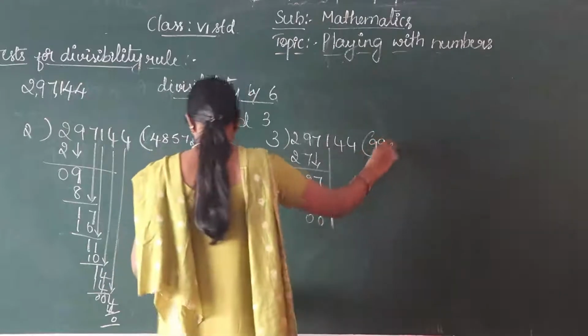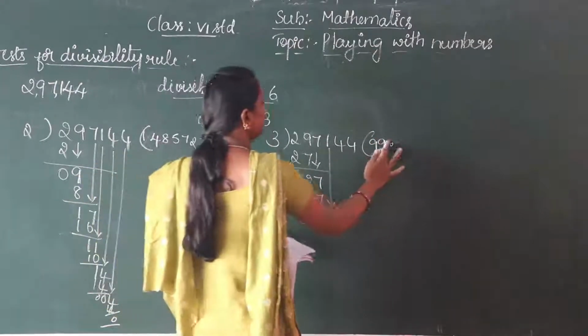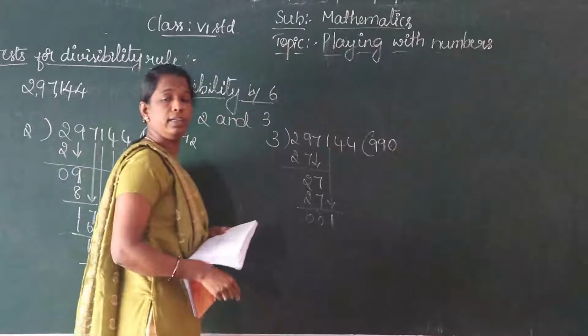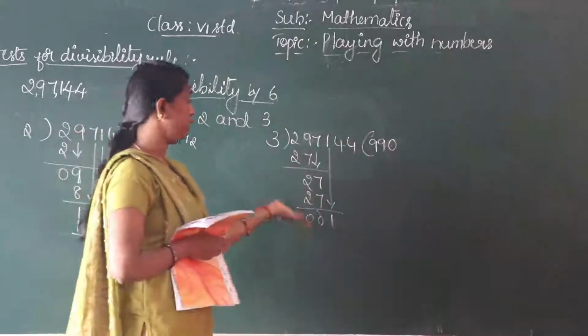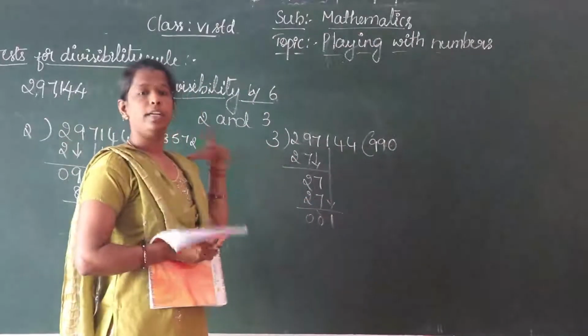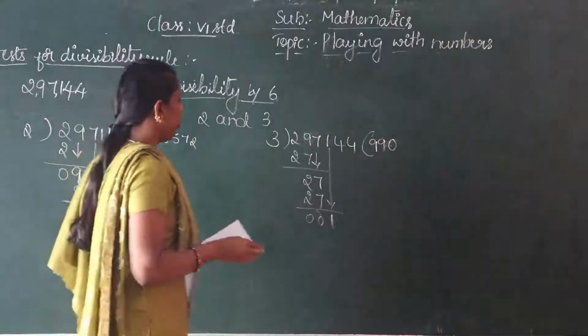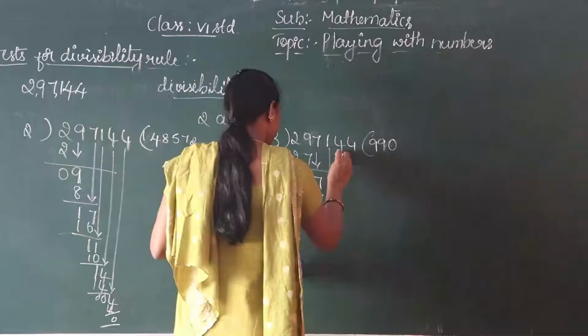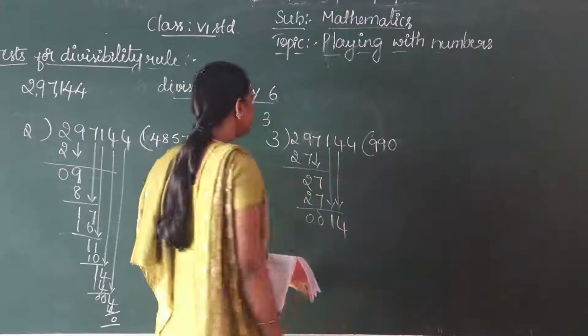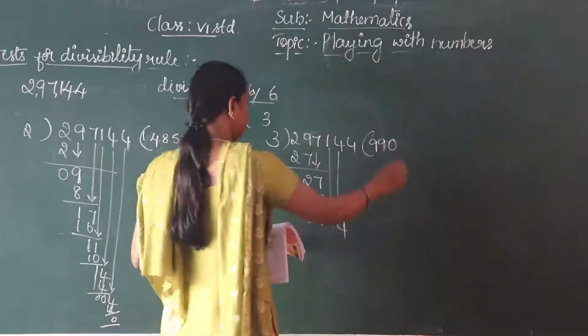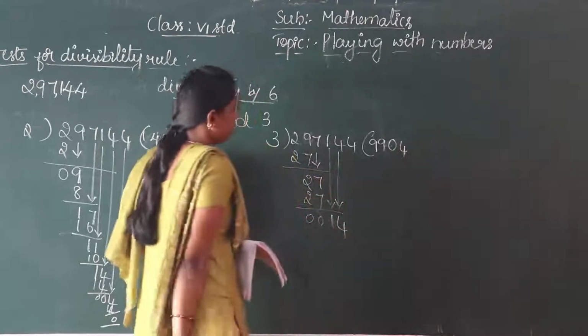It is not possible to divide 1 by 3, since the dividend is less than the divisor. So we write 0 in the quotient place and then take down 14. So 3 fours are 12.